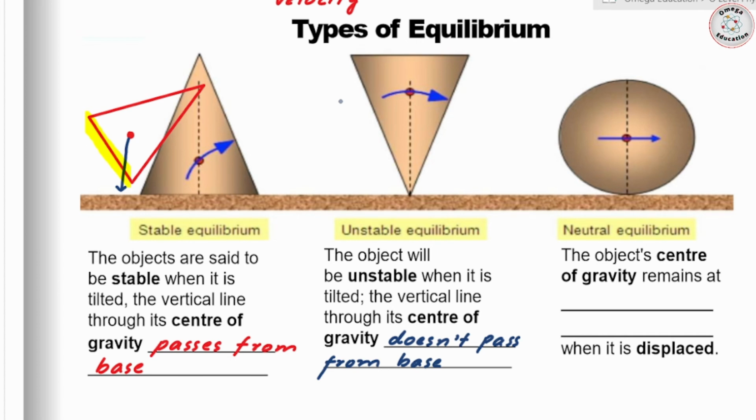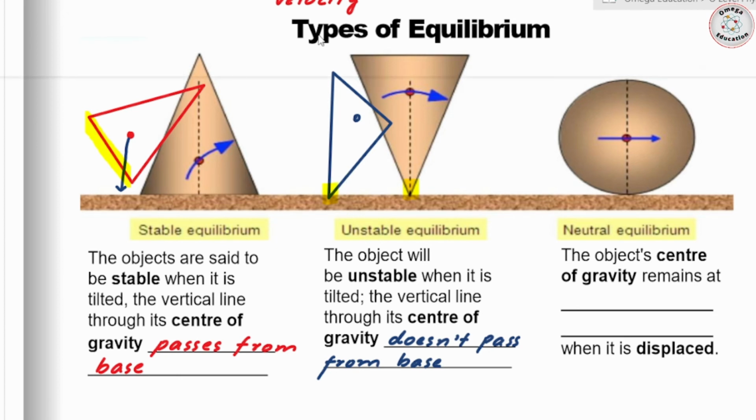So after tilting a little bit, it will look something like this. And in this situation, the base of the cone is this thing, because you see only a pointy part of the cone is touching the ground, is touching the table.